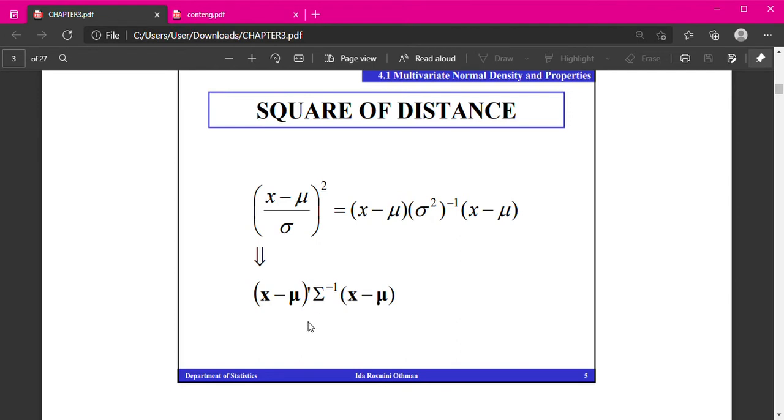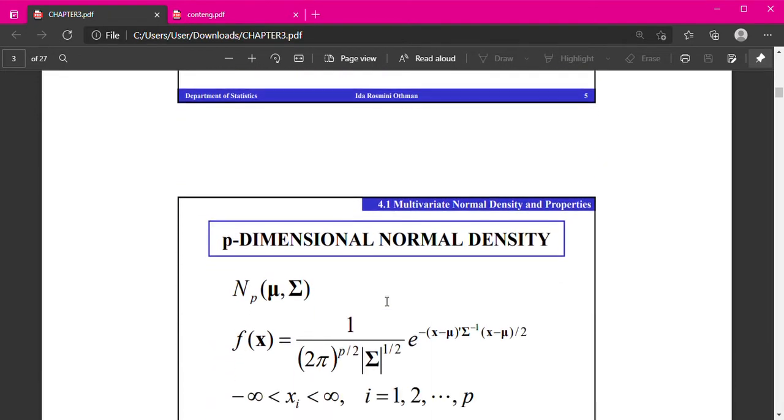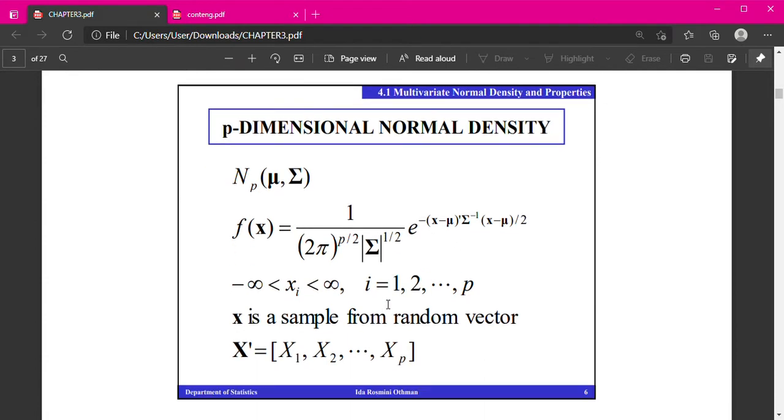So sebab itulah dekat sini kalau tengok dia boldkan the value of x minus mu transpose, inverse of the variance-covariance matrix, times x minus mu. Semua ni boldkan, maksudnya ini adalah matrices, which is the value of square distance. Bila kita calculate this, kita akan dapat square of the distance. Ini contoh kalau kita ada p-dimensional normal density. Maksudnya lebih daripada satu lah.